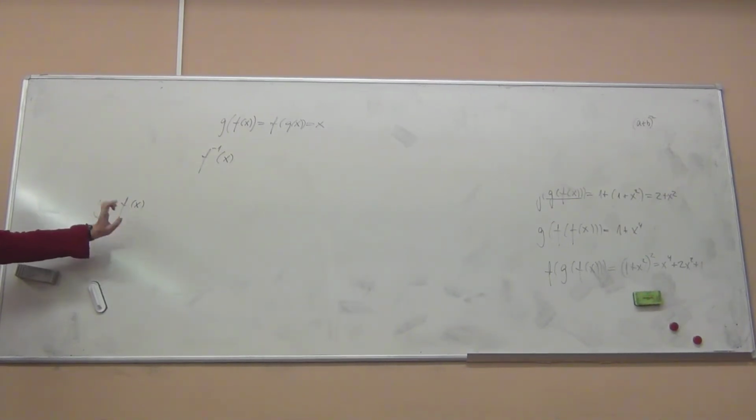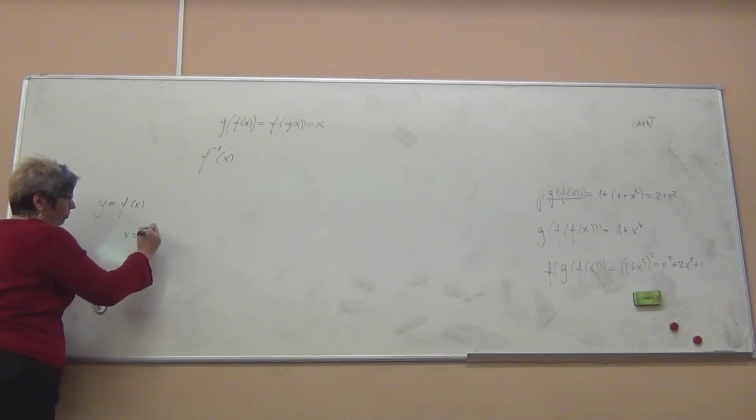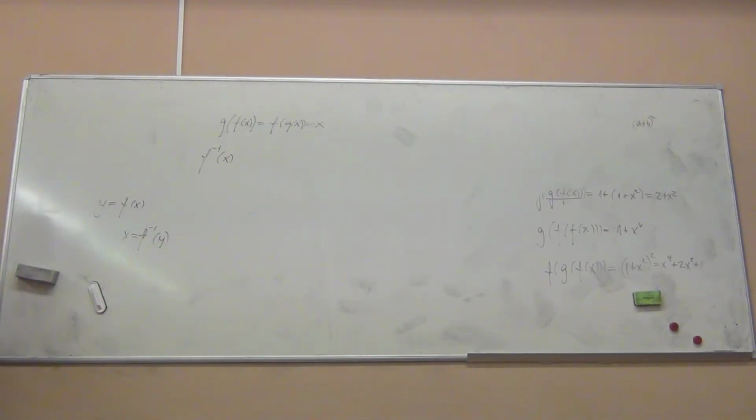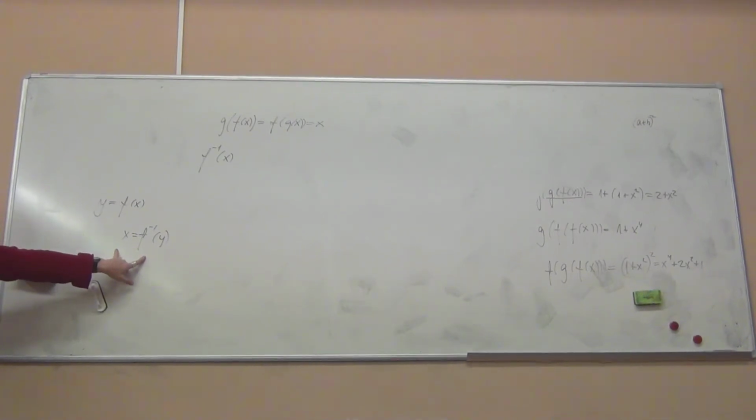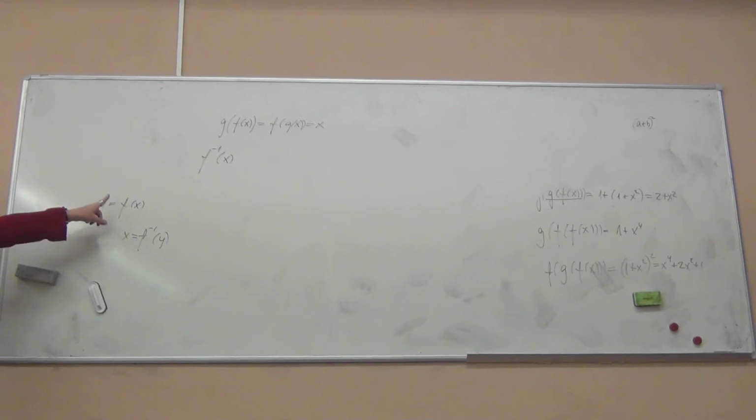And then we will have x is f inverse of y. But if we leave it like this, it's still the same relation. It's simply x expressed in terms of y. It's as if you take a t-shirt and turn it inside out. It's exactly the same relation between x and y if we leave it like this.